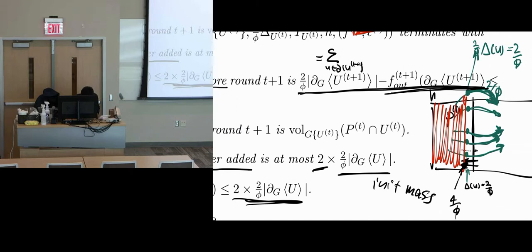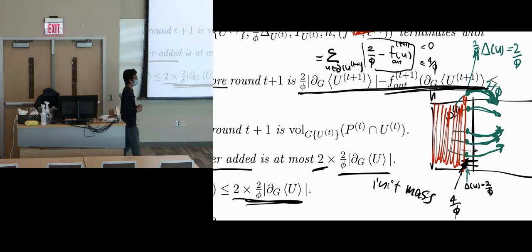And this is just 2 over 5 minus the flow out of U in this. Yeah. And most of this thing is going to be 0, but some of them can be as big as 4 over 5. Make sense? Yeah.